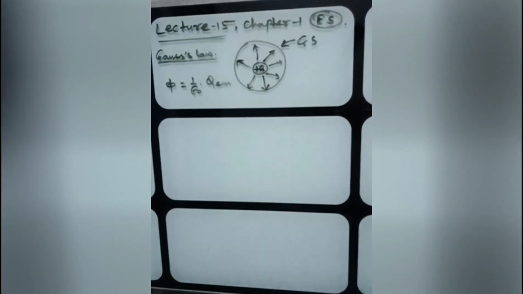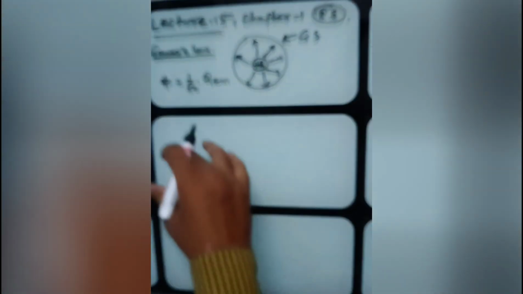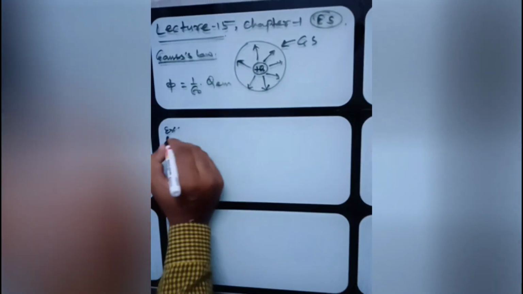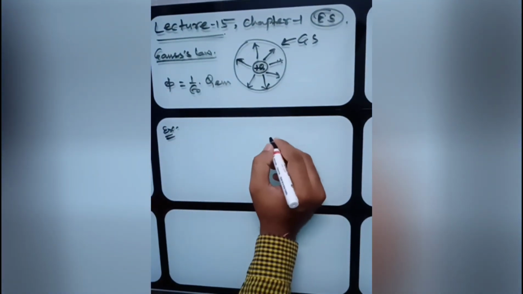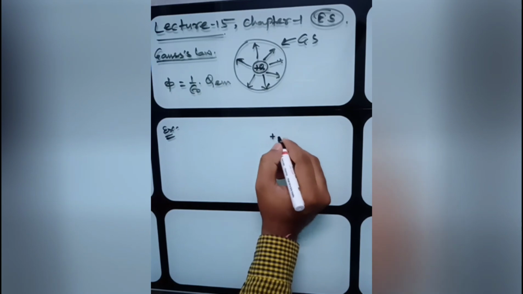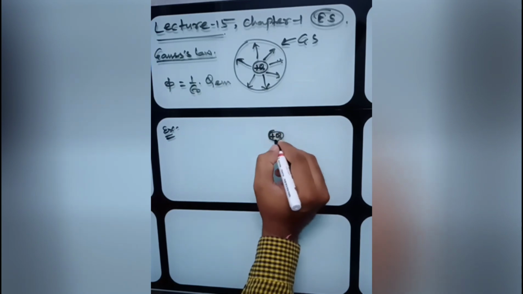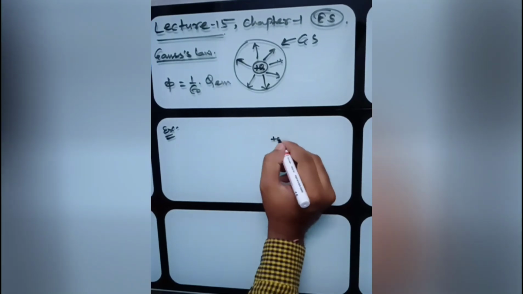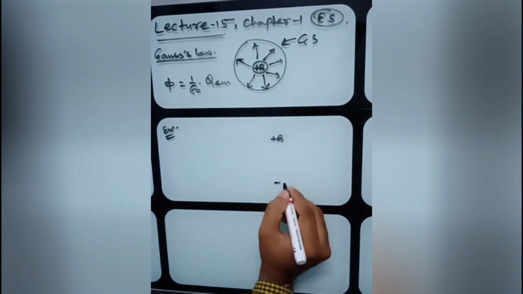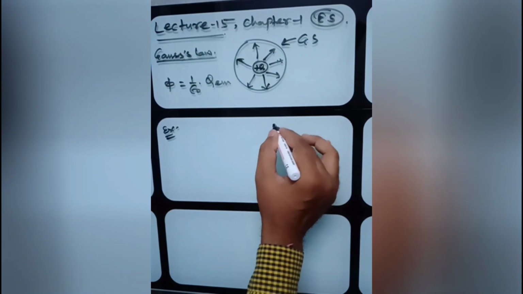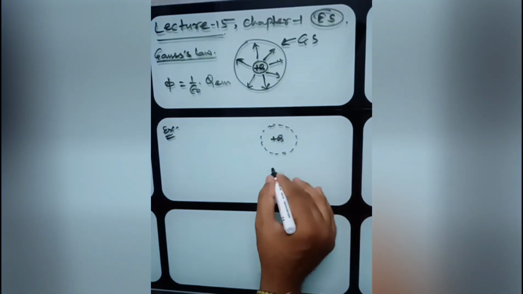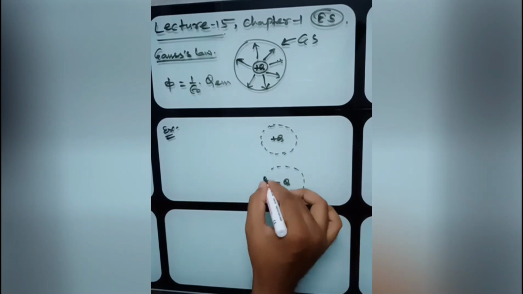Here, I'm giving you one example to explore your concept of the Gauss law. Suppose this is a charge plus Q, and this is the minus Q. One Gaussian surface is this one, another Gaussian surface is this one.